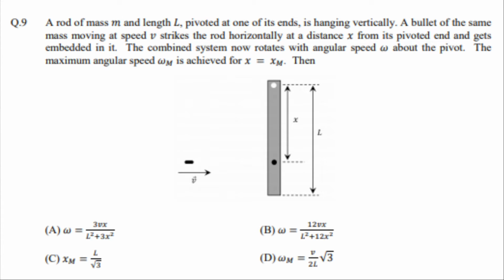So let's move towards our next problem, which is a rotational motion question. What it says is that a rod of mass m and length L is pivoted at one of its ends and hanging vertically. Okay, so it is pivoted from this point. And a bullet of same mass moving with speed v strikes the rod horizontally at this point, at a distance x from the pivoted end.